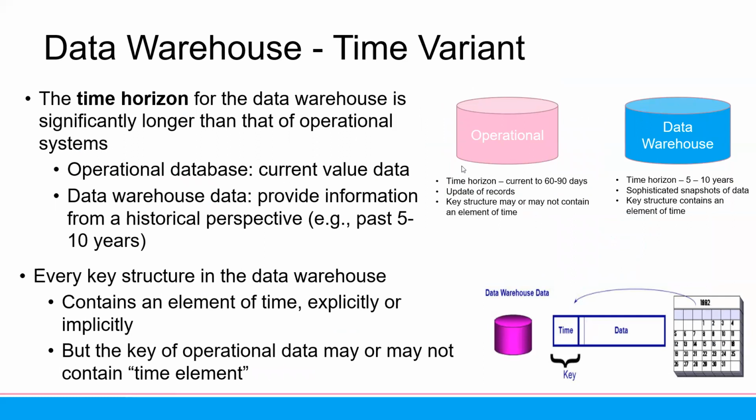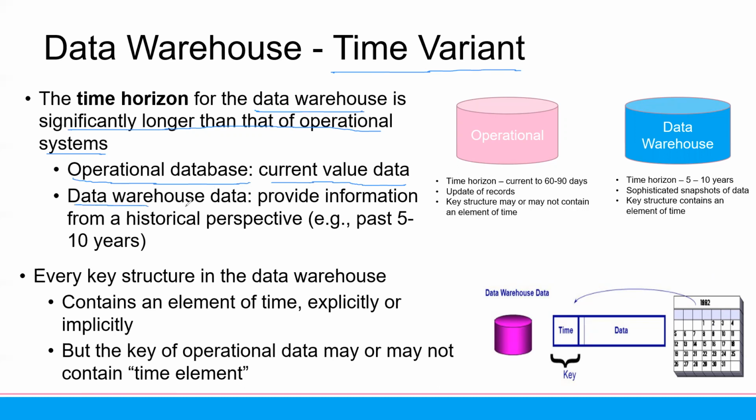Time horizon. The time horizon, or the time variant, is also important, because the time horizon of the data warehouse is significantly longer than that of the operational system. For the operational database, it is the current value data, today or 1 hour before.